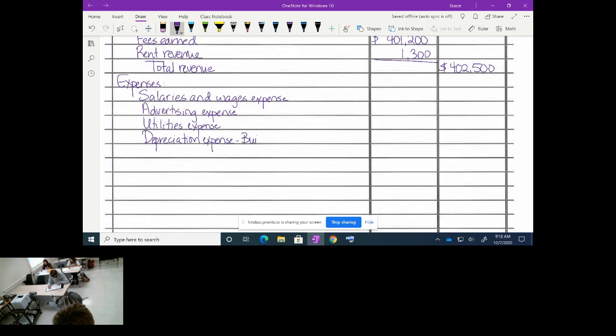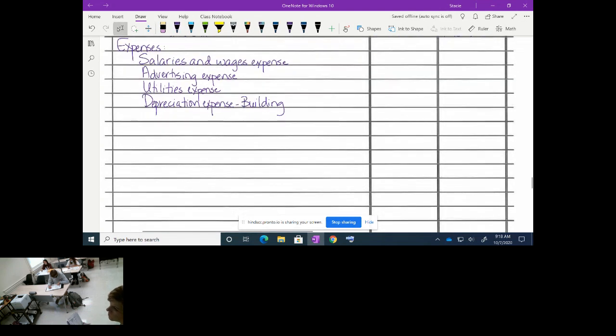Again, if this was my financial statements I was doing, I would probably just have one depreciation expense account instead of multiple, but that's a matter of opinion. Repairs expense. Depreciation expense of equipment.